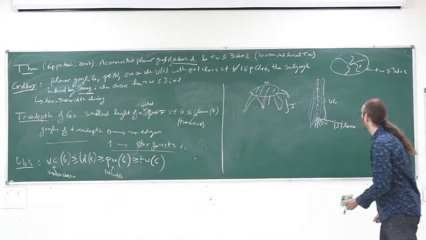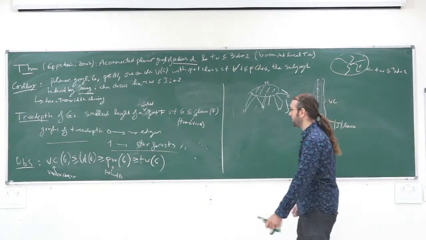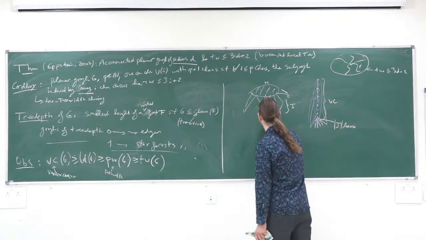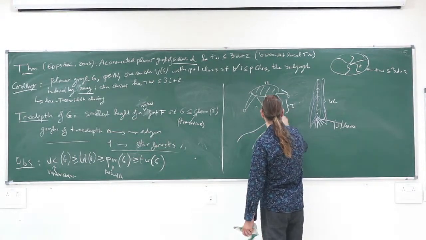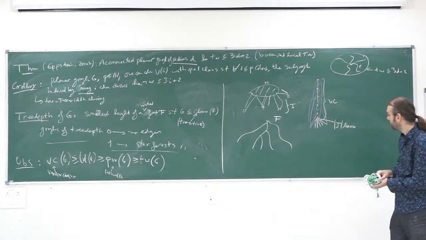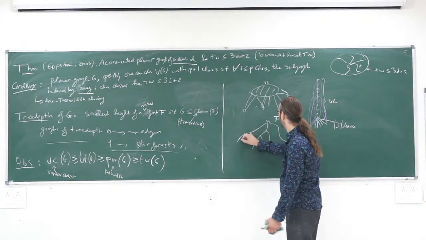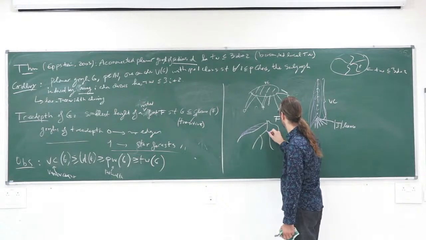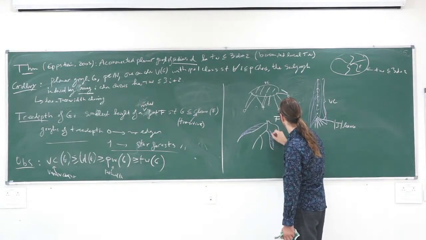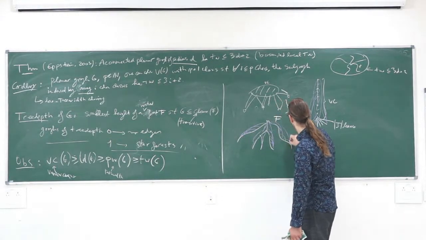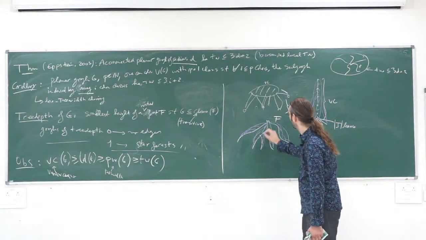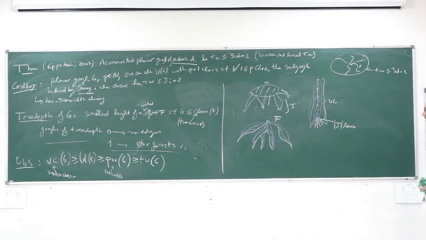Okay. Why is the path width at most the tree depth? Well, you take the tree, well, the forest, let's take one component of the tree. What's going to be my path decomposition?